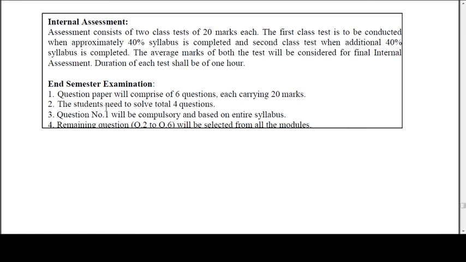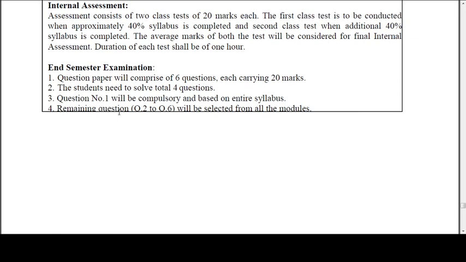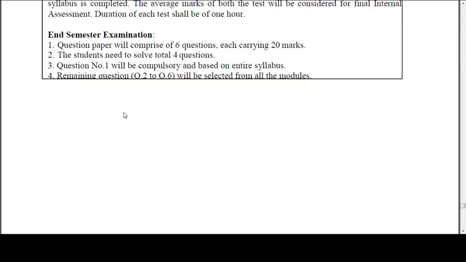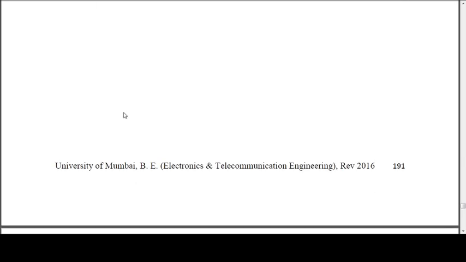The student needs to solve any 4 questions out of 5. Question number 1 is compulsory, based on the entire syllabus. The remaining questions, 2 to 6, will be selected from all modules. So here we have explained the institute level optional course with sub-modules and the marking scheme of the examination.